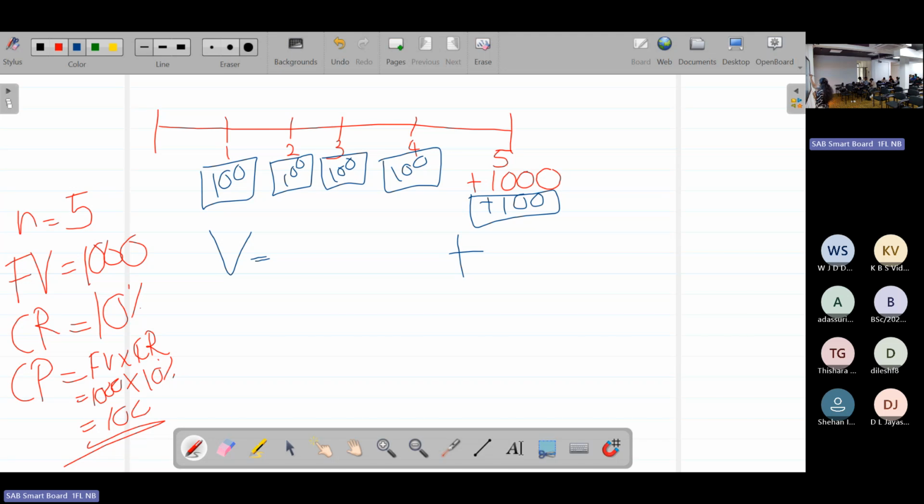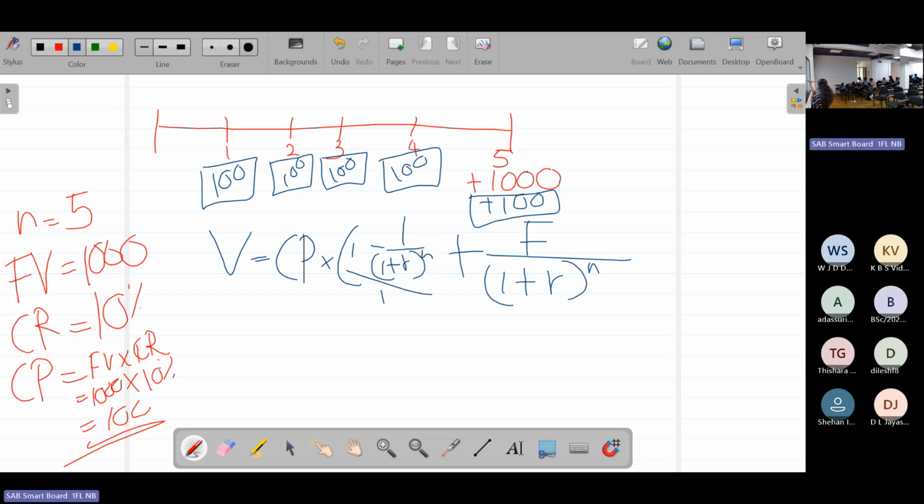First one is face value present value, plus coupon payment multiplied by 1 minus 1 divided by 1 plus r to the power n, divided by the rate of return.